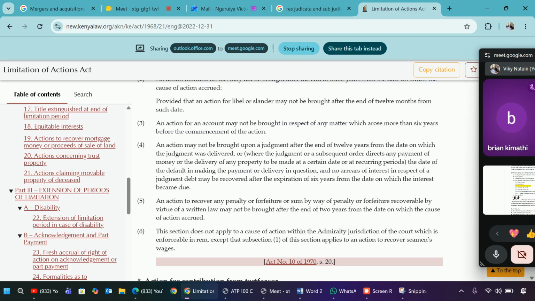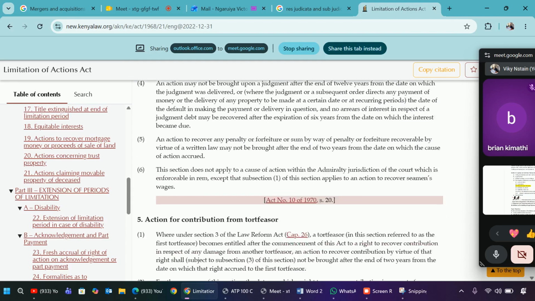Okay, you can't bring the same after the end of 2 years. This section does not apply to a cause of action within the admiralty jurisdiction of the court which is enforceable in rem, except that subsection 1 of this section applies to an action to recover seamen's wages.